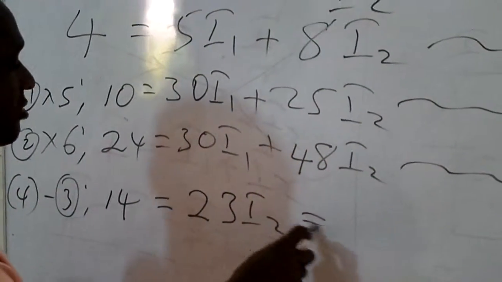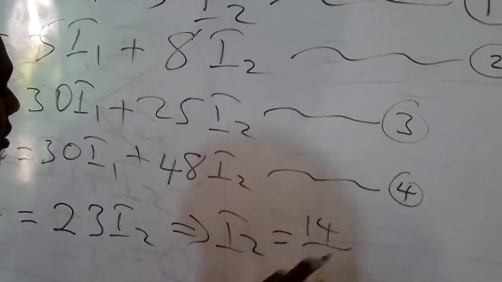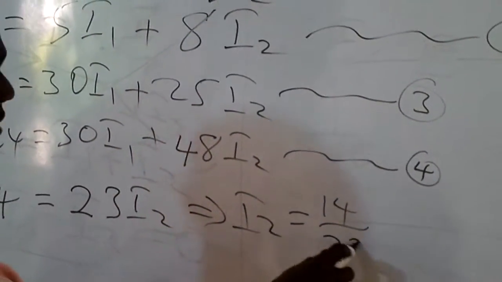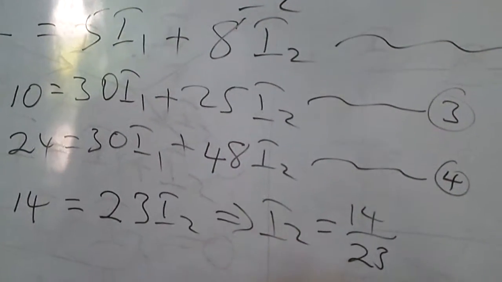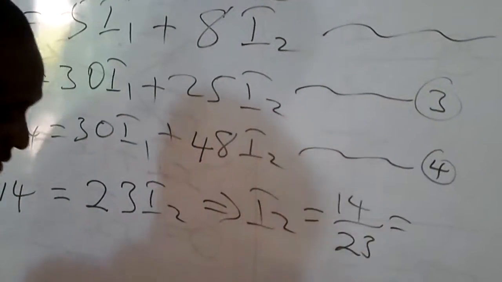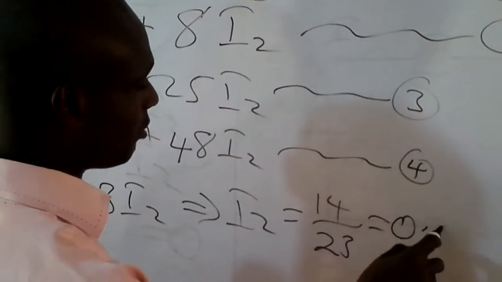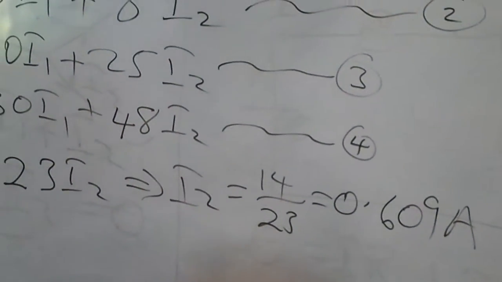Then from here, it implies our I2 will be equal to 14 over 23. Let's write this in decimals. Use your calculator for it. We are going to have 0.609 amperes to 3 decimal places.